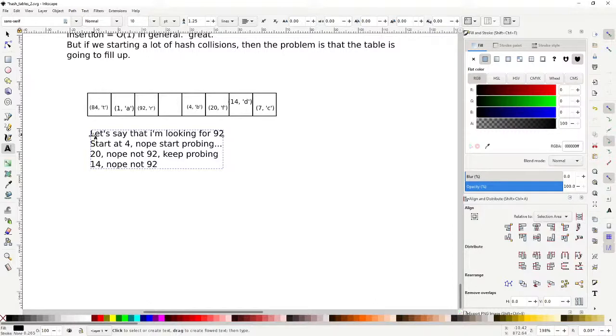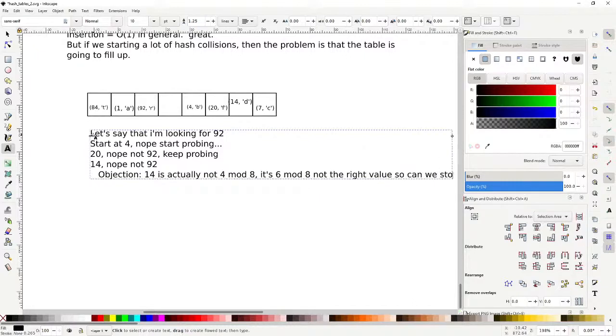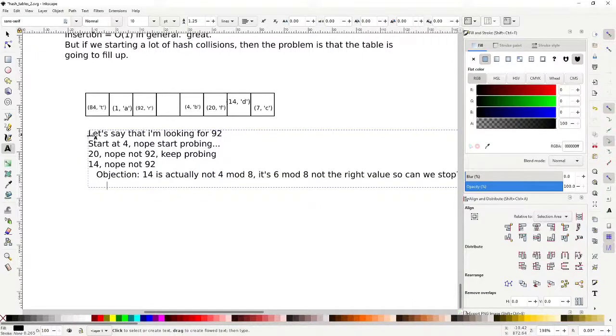And then here's what somebody might say. Objection, right? 14 is actually not 4 mod 8. It's 6 mod 8. So it's not the right value, so can we stop? And the answer, unfortunately, is no. You can't stop, because I don't care if you linearly probed or quadratically probed, you can't stop here because there are some other things here, like 84 and 92, that got stuck in after that element.